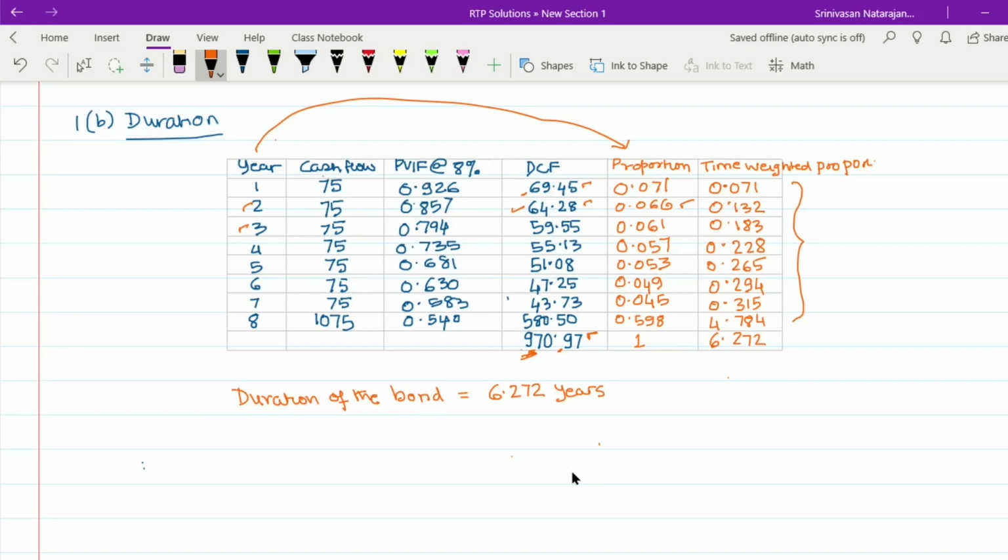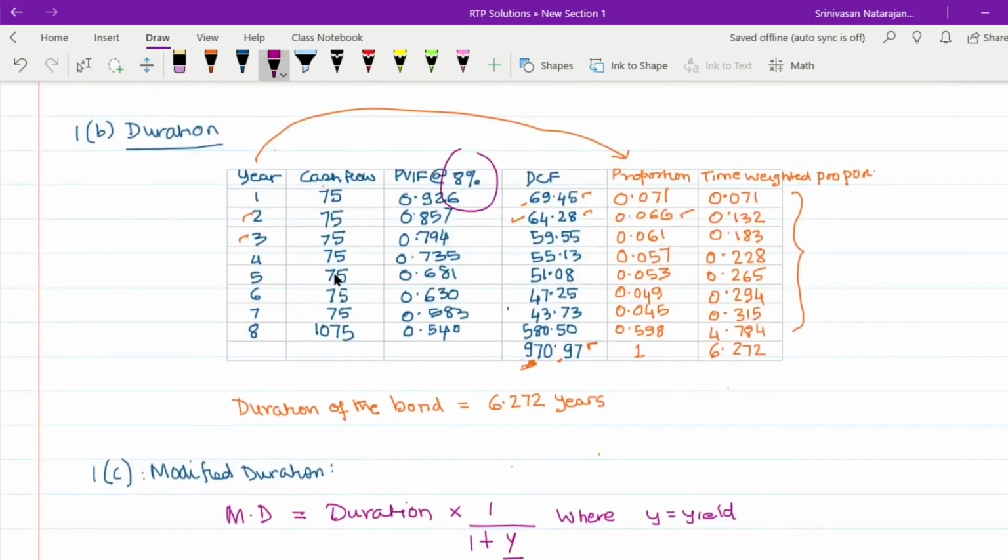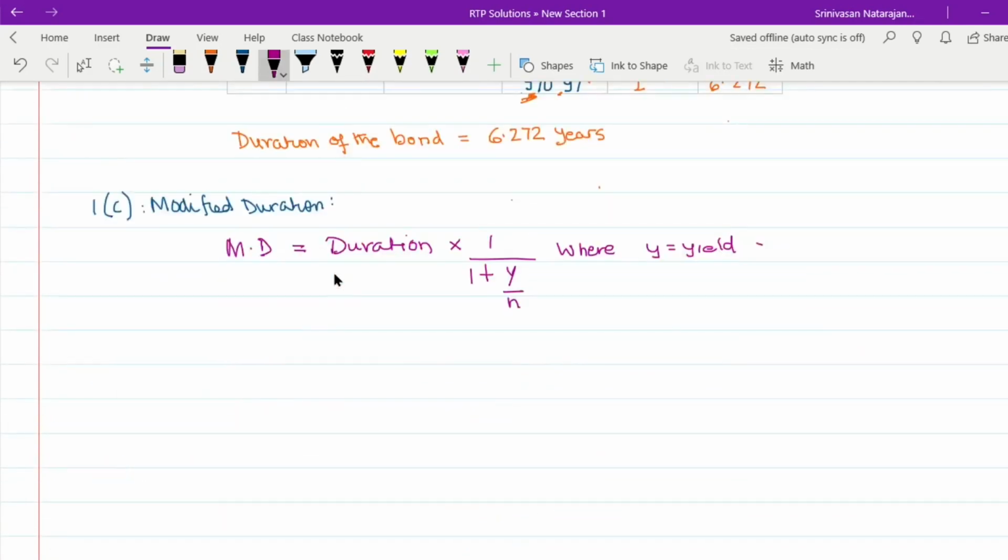And the next thing that we will be finding, which they have asked us, is modified duration. Now, how do we calculate modified duration? See, modified duration is calculated as duration into 1 upon 1 plus y by n, where y is equal to yield, which in this case we know is 8%, and n is equal to number of coupons in a year.